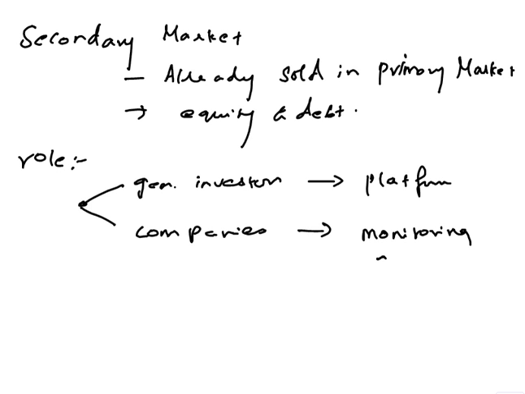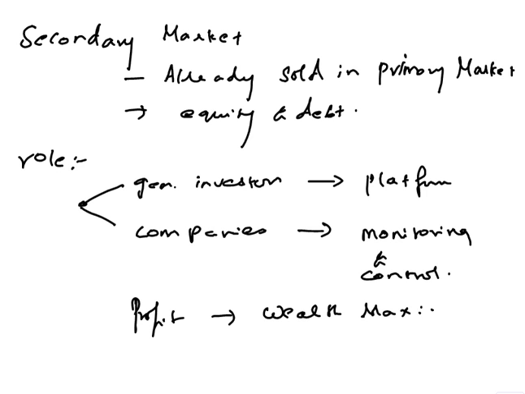How can you say this? Let's see how it is acting as a monitoring and control indicator. Companies nowadays are focusing, instead of profit maximization, on wealth maximization, that is maximizing the wealth of the shareholders.